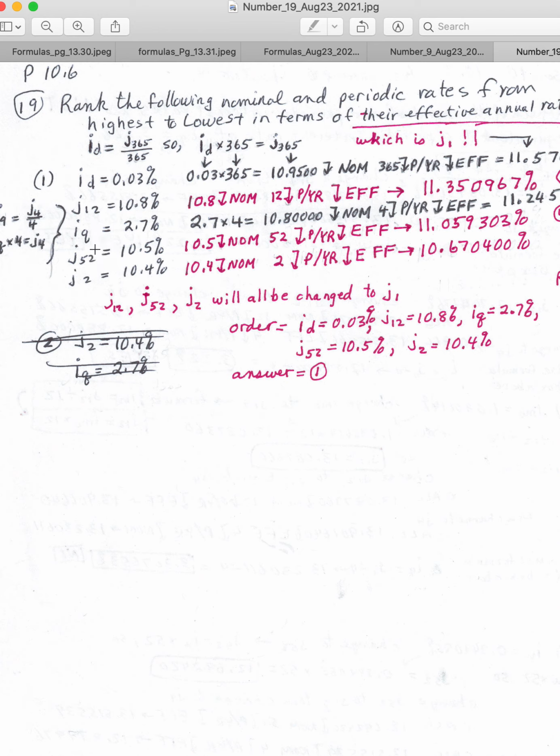These ones in red are already in J format. So I just have to change them all to J1, which is what we've been doing with a lot of these things. Put in 10.8, 12 payments per year, hit effective rate, and it gives me my answer right away. So there's only 3 steps to each one of these to get these red answers here.